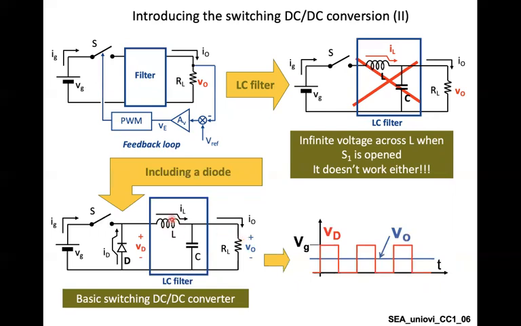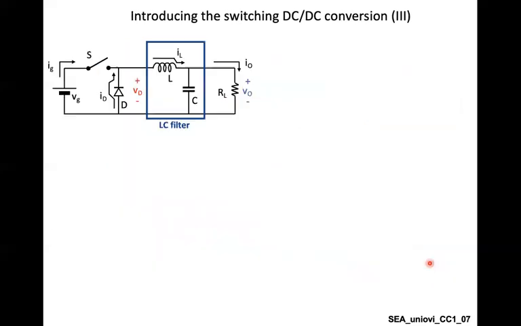Now, this circuit with a coil and the capacitor working as a filter will average the signal, making your output voltage look like the average component. So first of all, the voltage on the diode will be this square signal, but this voltage on the diode, VD, will then be filtered by this LC filter to get what's called an average signal, which is a DC signal.